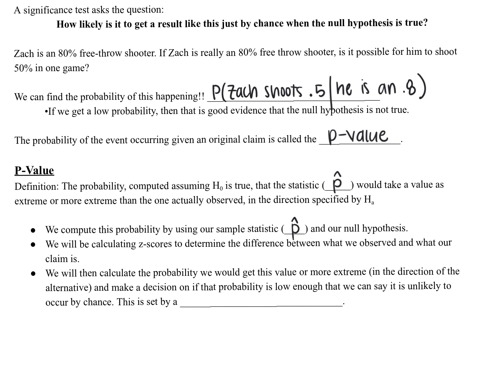And that value is set by a significance level. That's how we determine if a probability is low enough, is by having something called a significance value.